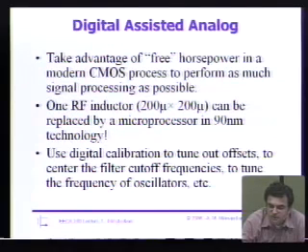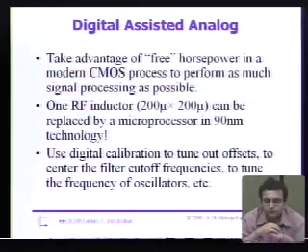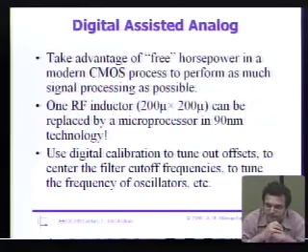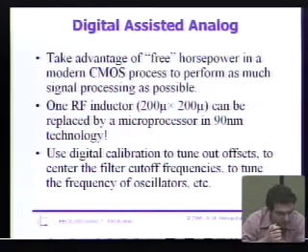So at one level, we see that digital functionality is increasing in analog circuits. At a more fundamental level, we see a shift in the way people think about analog circuits. I'll give you an example. A PhD student, now a professor at Stanford, Boris Murmann, did a pipeline ADC converter.